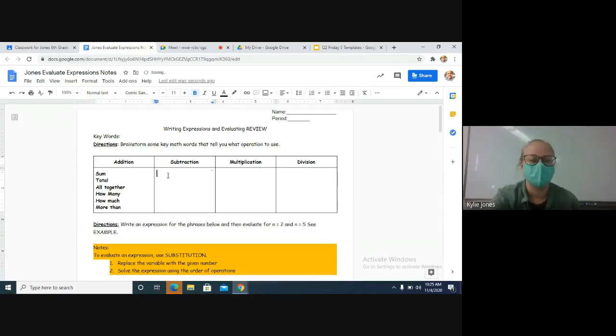What about subtraction? What will you see with subtraction? Difference. Less. Less than. Might see less than. What else might you see? We already have difference.